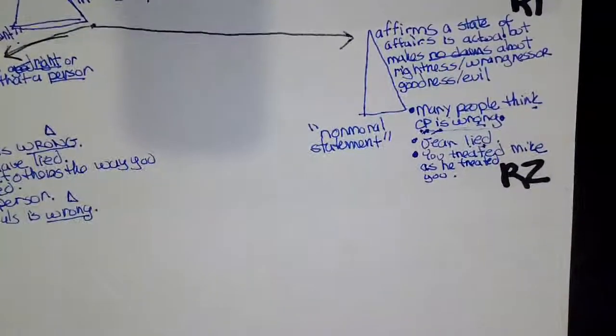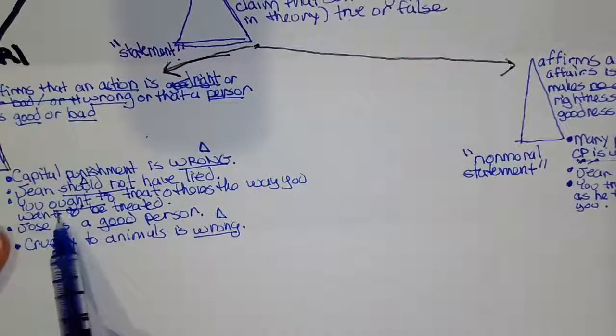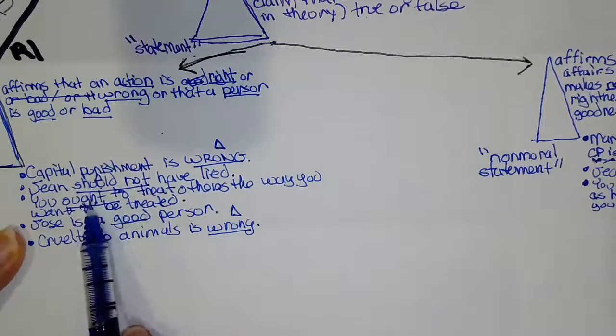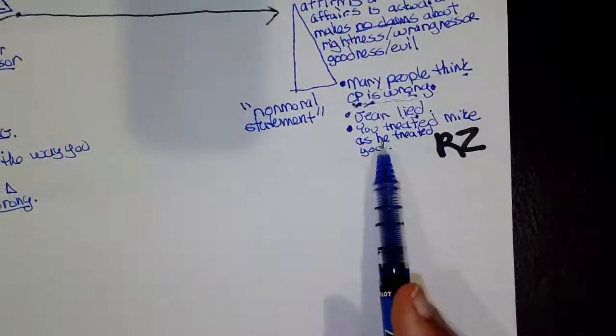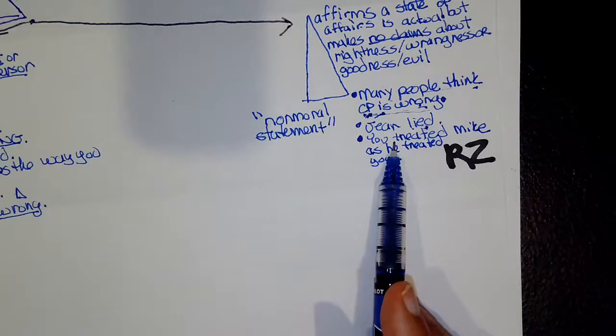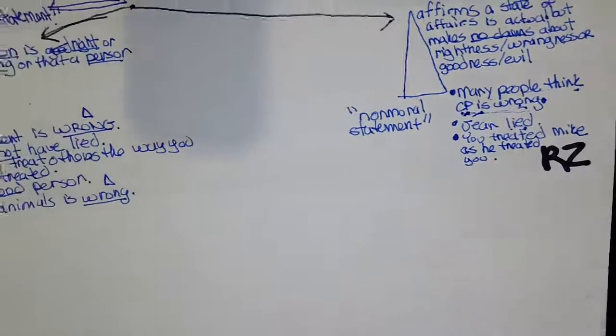So you treated Mike as he treated you. Compare that to what we have over here, right? So we have you ought to treat others the way you want to be treated. So in other words, that's the right thing to do. It would be wrong if you didn't do it. Here, it doesn't say anything about rightness, wrongness, goodness, or badness. It's just making an empirical claim about something that happened in reality.